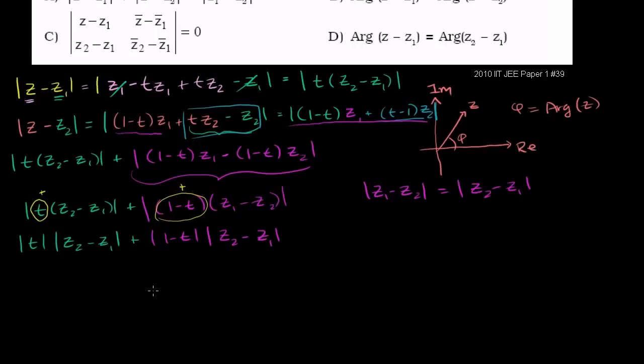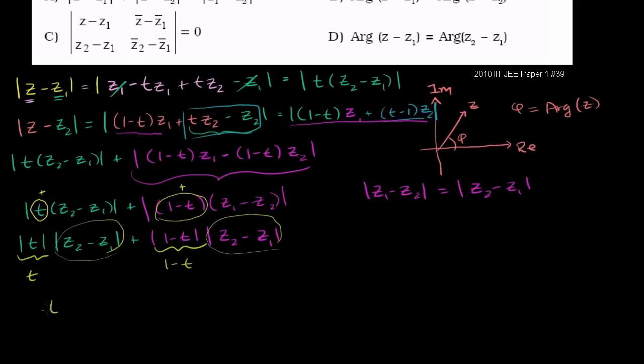Now, what can we do here? Well, the absolute value of t, remember, t is positive. So this is just going to be equal to t. The absolute value of 1 minus t, once again, that's positive, so that's just going to be 1 minus t. So we can factor this business out.